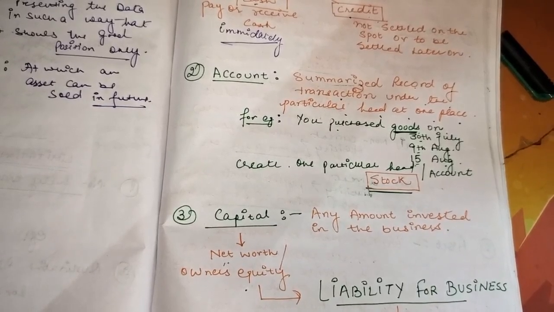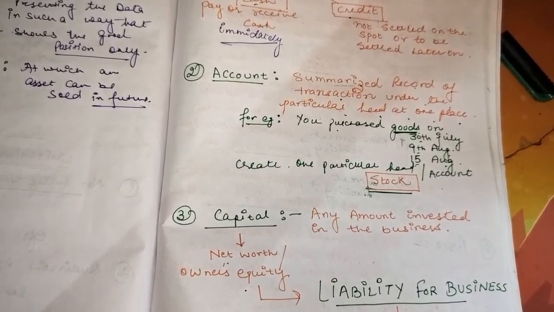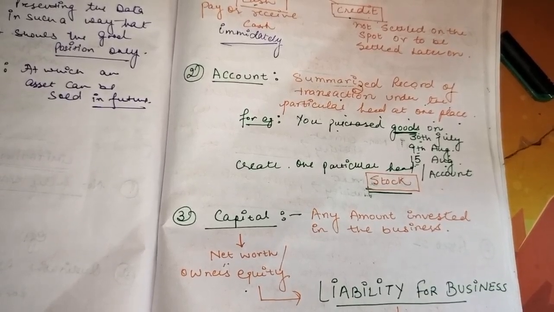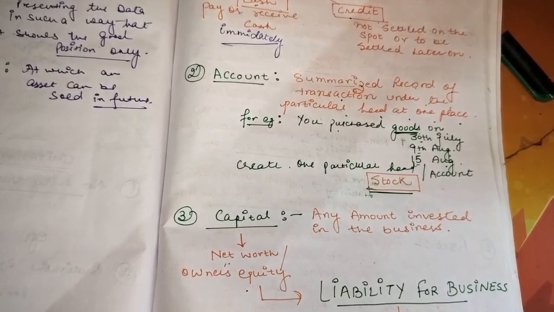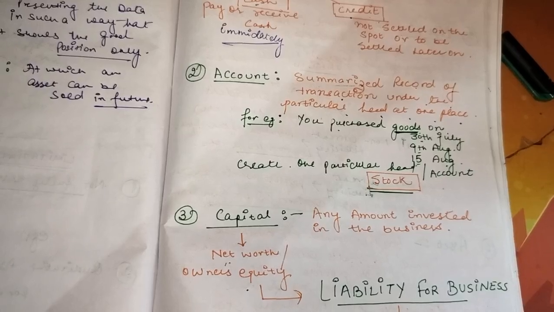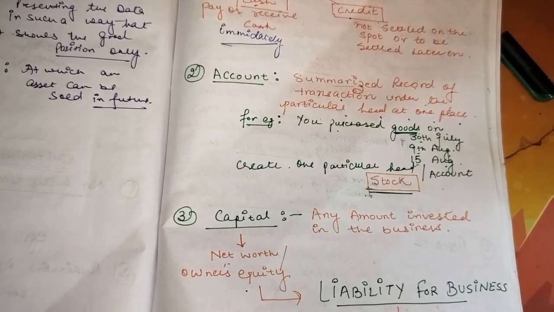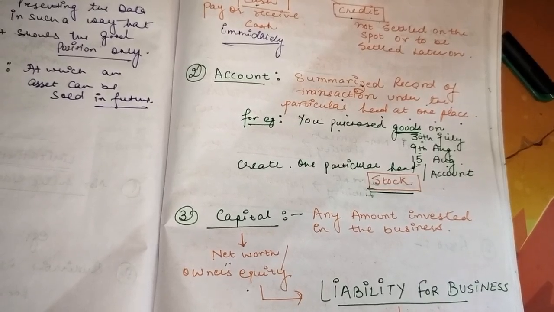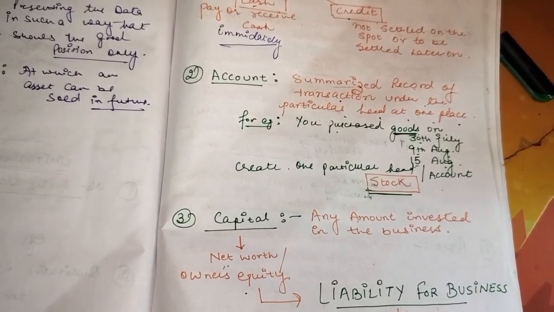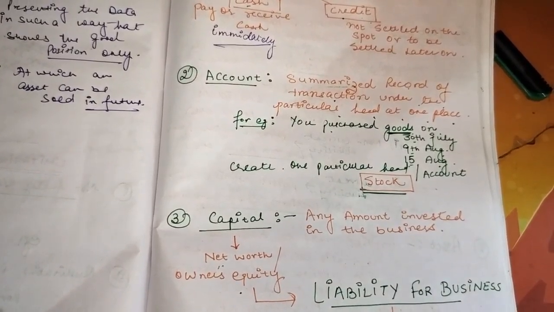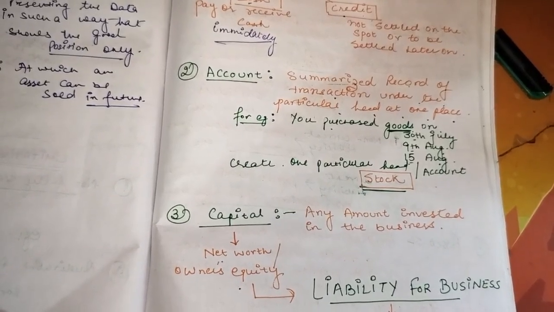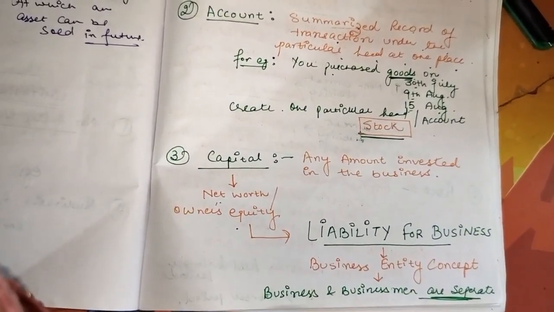I own the business, but that doesn't mean that the business does not have any kind of liability towards me. The amount of money that I am investing in my business is a liability for the business. Liability means that the business has to return the same amount of money invested by the owner in a later period. So this concept which says that business and businessmen are two separate entities is known as the business entity concept.